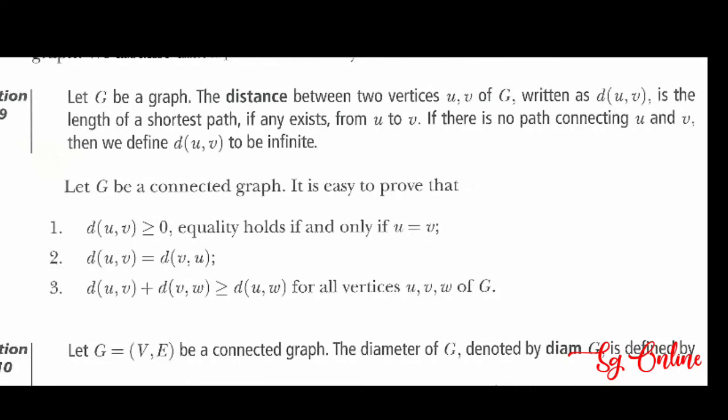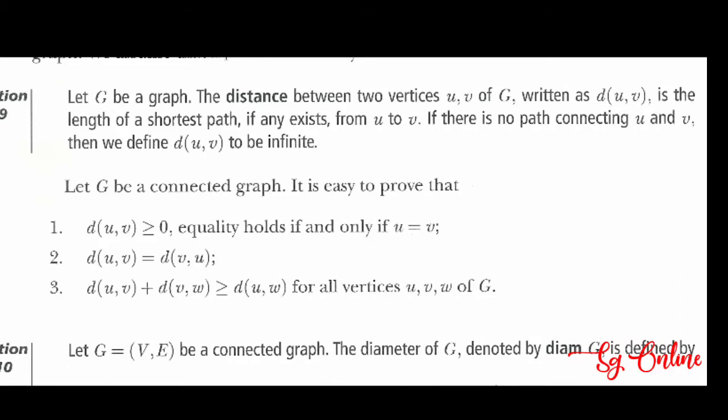But what is very interesting is that the distance function gives you a metric on the set of vertices. Like the Euclidean distance gives you a metric when we study topological spaces or metric spaces, here also this distance function of a graph gives you a metric because it satisfies the three conditions of a metric.